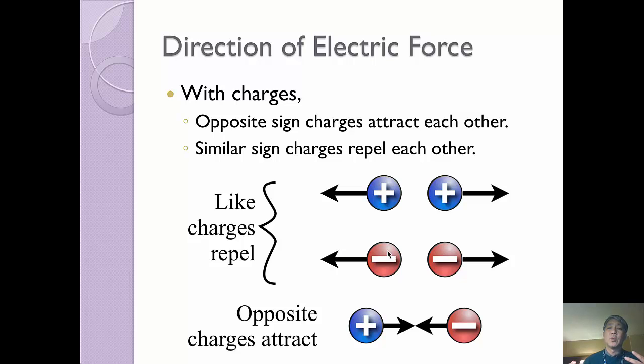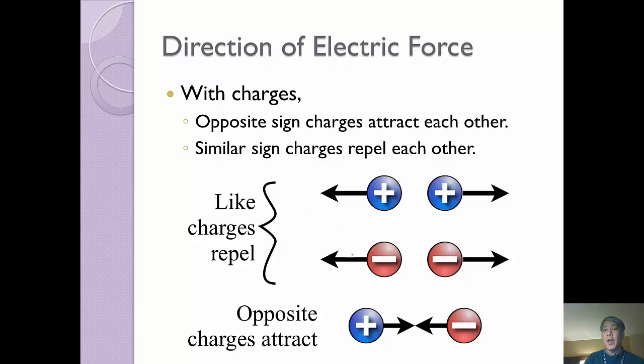To determine the direction, we're not going to be looking so much at left and right or up and down. Instead, we're going to be wondering, are the two forces attractive or repulsive? The reason we're not looking so much at left and right is because there is one left force and one right force on all of these diagrams. These two forces represent a Newton's third law pair.